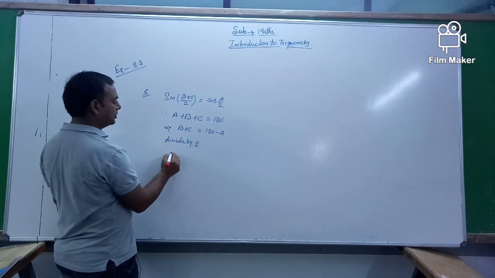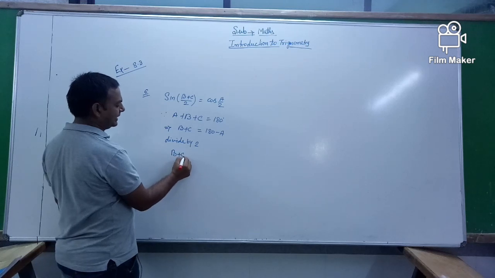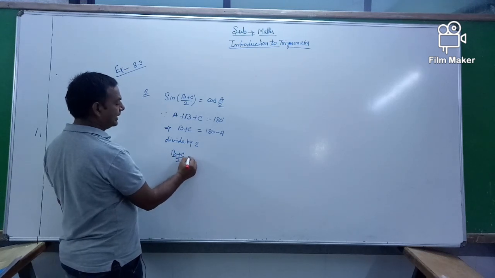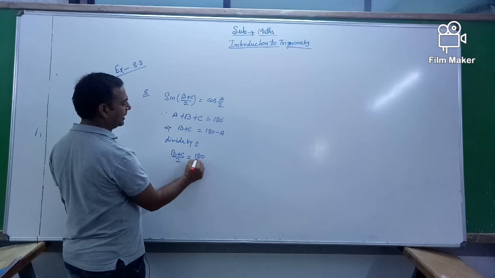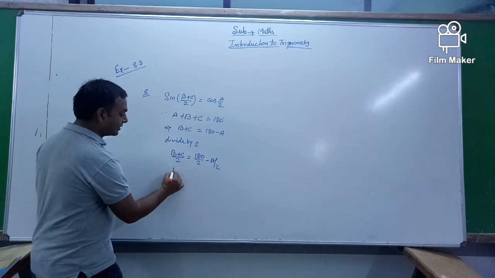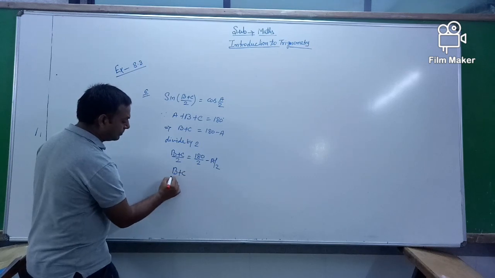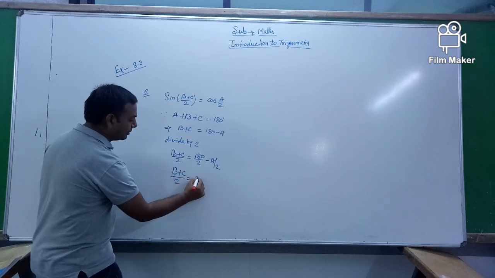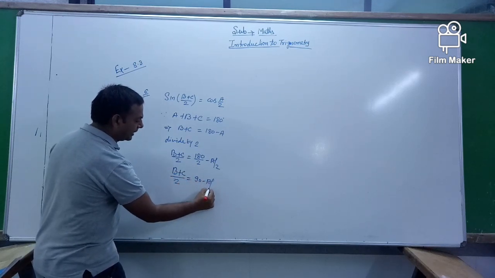If you divide by 2, then (B plus C) by 2 is equal to 180 by 2 minus A by 2, that is, (B plus C) by 2 is equal to 90 minus A by 2.